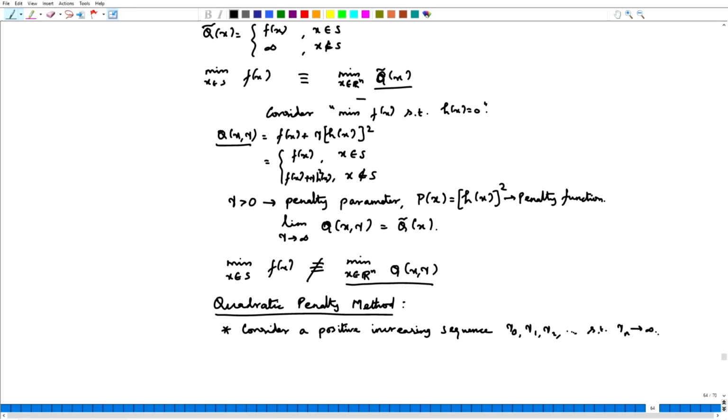Of course, it must diverge to infinity. So, in the first step, let x 0 be the unconstrained minimum of q of x comma gamma 0.